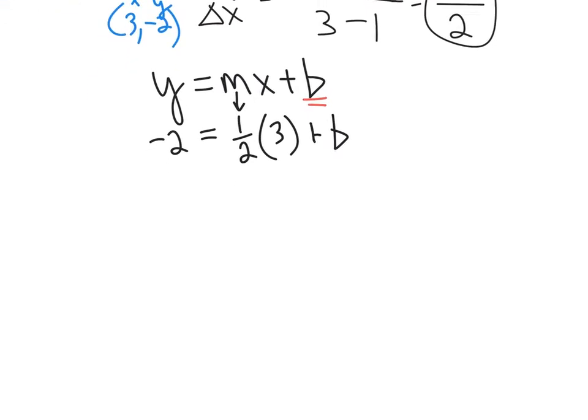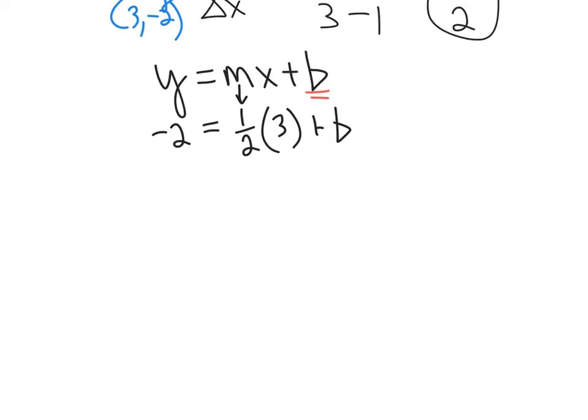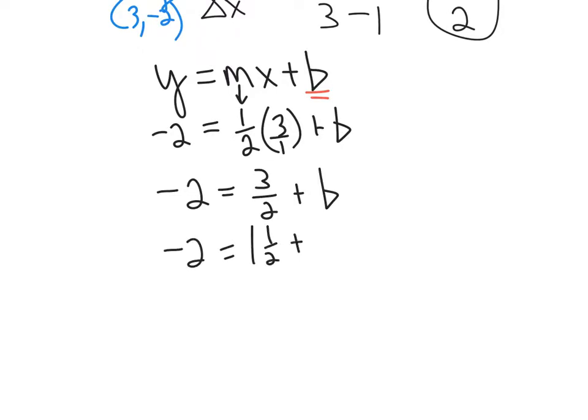Okay, once we've got that all substituted in, then it's just a matter of working this out, solving for the b. So you can put 3/1 here. So if you multiply, that would be 3/2. Just to make it a little easier for us to look at, I'm just going to say that's 1.5.